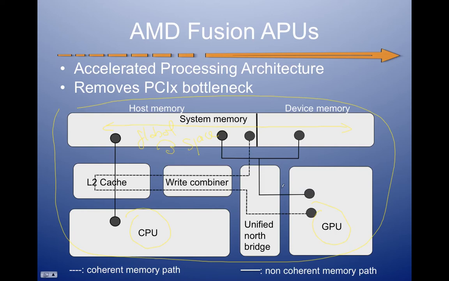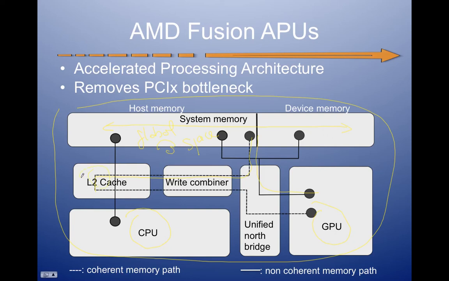But there are two kinds of accesses. There are the non-coherent accesses. That is, for instance, the GPU writes directly to the memory, and in this case, this is invisible from the CPU, and the L2 cache then is not up to date. Or you have the one that takes into account the coherency, but in that case, the L2 cache sees the modification, it is updated, but this is slower.